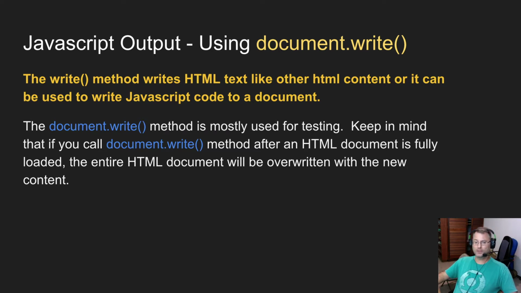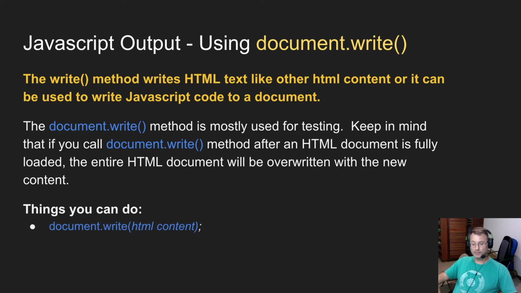So typically the way we use document.write is we stack it inside of script tags somewhere in the page where we want some type of calculation, or maybe we're going to retrieve data from a web server and so forth. Okay, so things you can do with it. You can write HTML content.